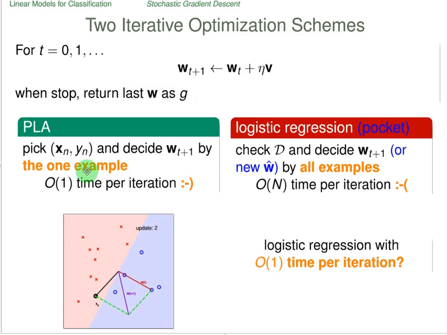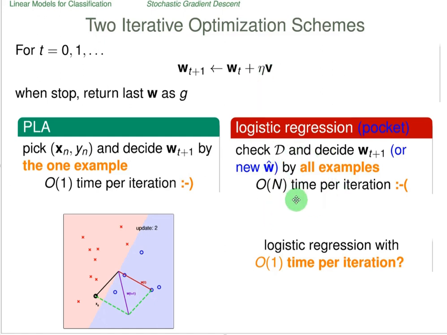Note that in the PLA, the weight is updated after seeing one example at each iteration. This update is quite fast, and the complexity is big O(1) time per iteration. It's quite fast. However, logistic regression has to check the entire dataset and then update w(t+1), because the v here, if you remember, is calculated based on the gradient of the in-sample error over the entire dataset.